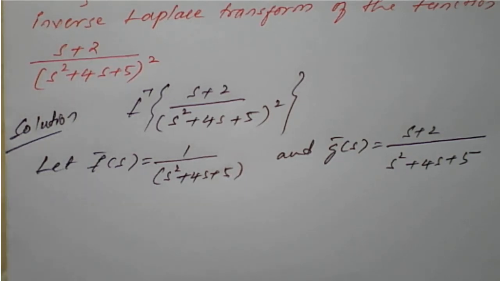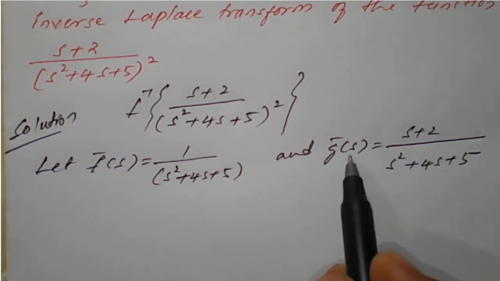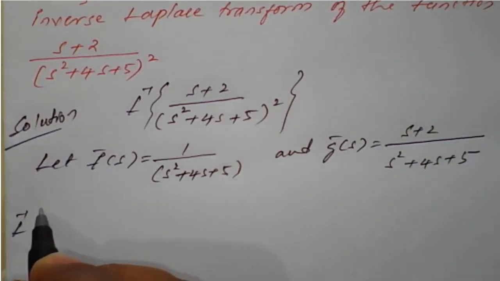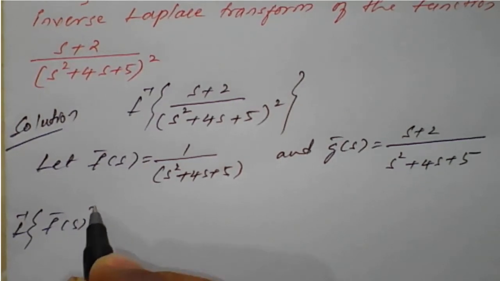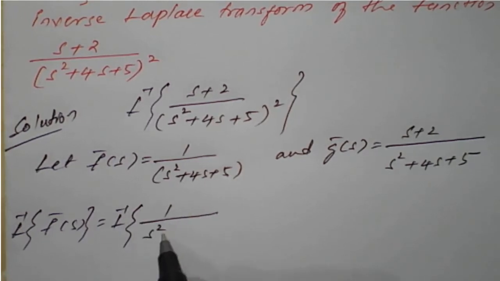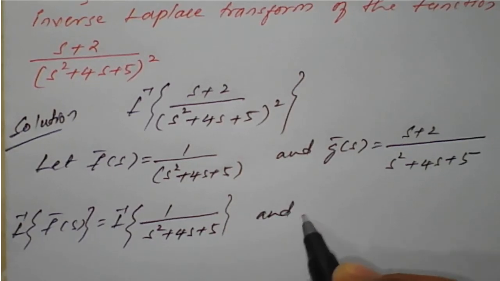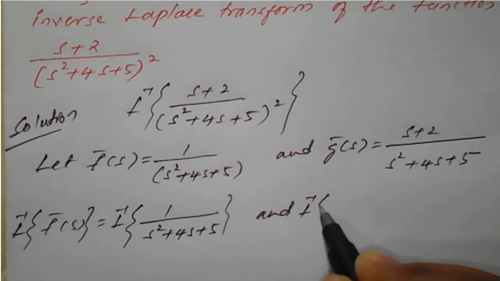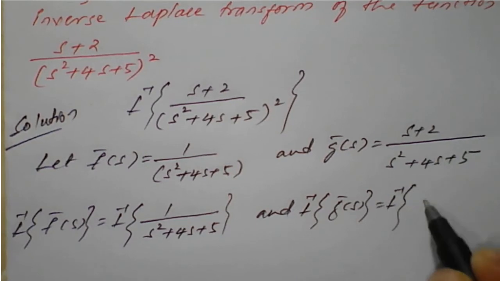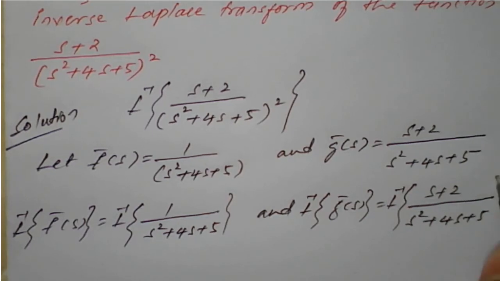Now we need to get f(t) and g(t) from this, on taking inverse Laplace on both sides. Inverse Laplace of F'(s) is equal to inverse Laplace of 1 upon (s² + 4s + 5), and inverse Laplace of G'(s) is equal to inverse Laplace of (s + 2) divided by (s² + 4s + 5).